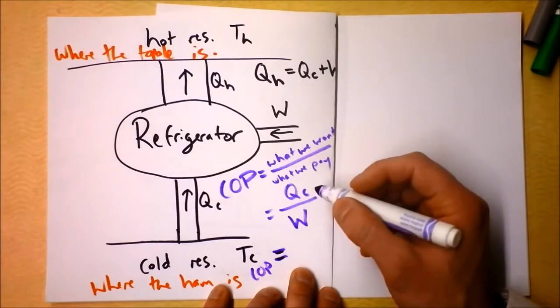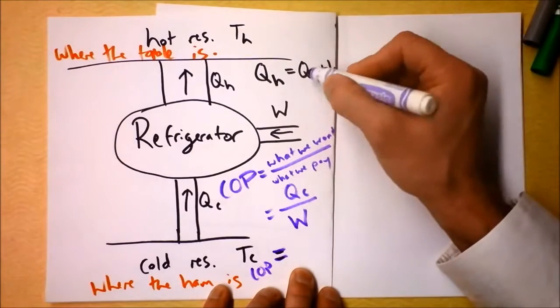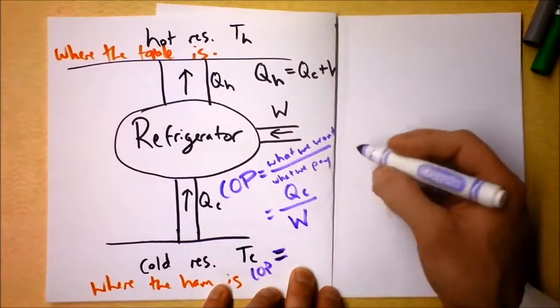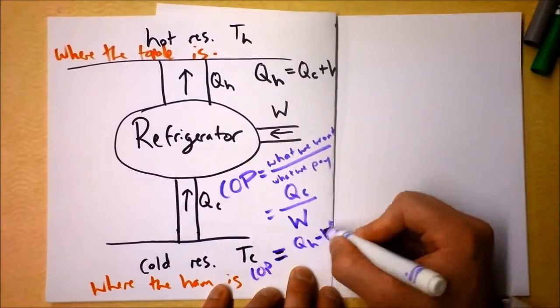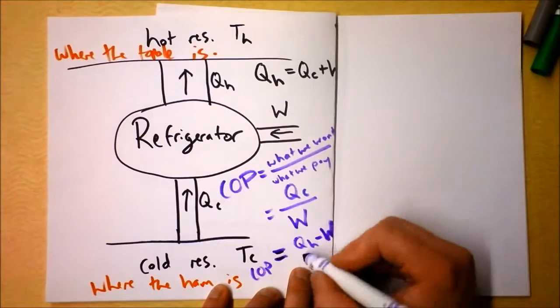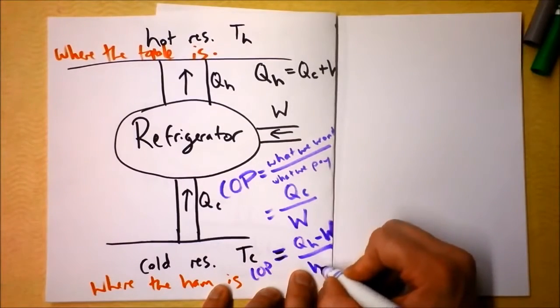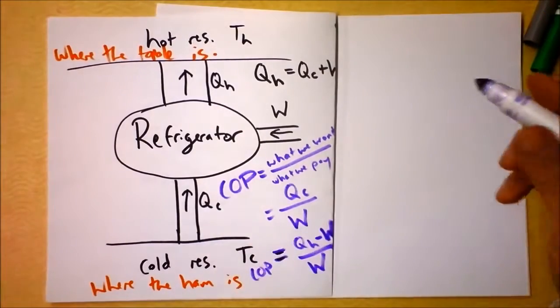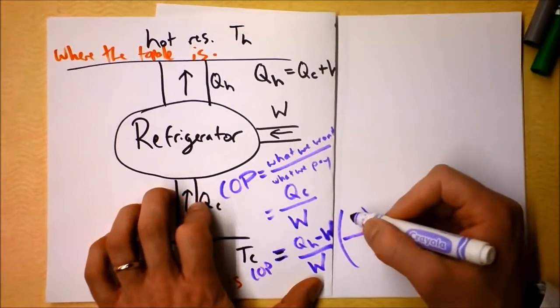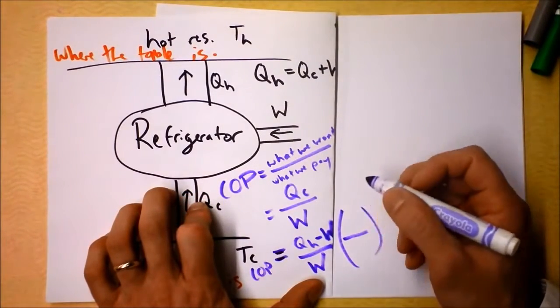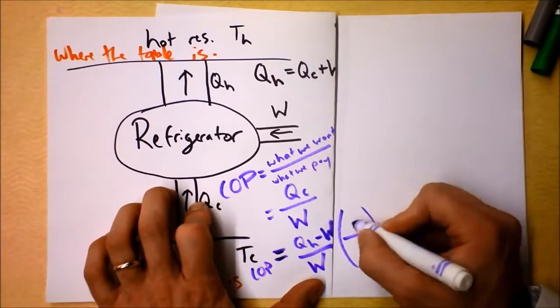This says QC, and I know that QH is QC plus W, so QC must be QH minus W. All right, is that okay with you? And then I'm going to divide that by work. And now I'm going to divide the numerator and the denominator by, what should I divide it by? Let's divide it by QH and see what happens.